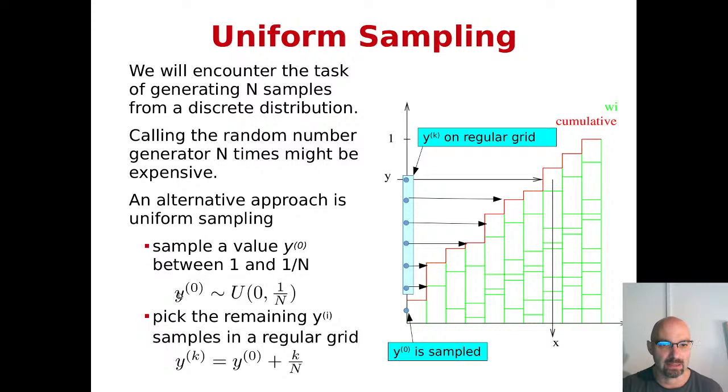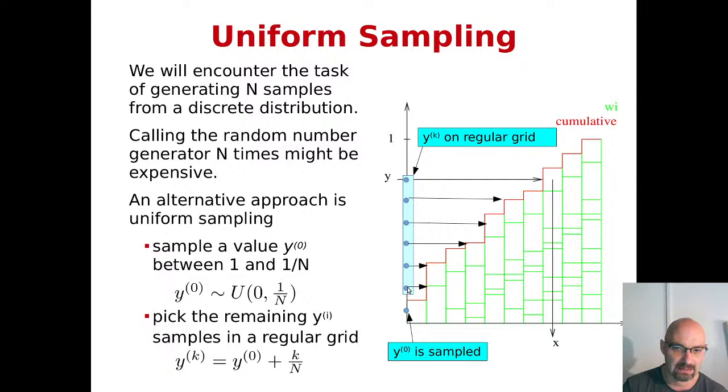This action of sampling once gives you the randomness of the phenomenon, because it's the seed of the entire action. If you would run this process another time, you will have a different value of y0. Then after you have this value y0, you start picking up the samples at regular intervals of 1 over n after y0. So sample y0 over here. And then you pick up the next y value at y0 plus 1 over n.